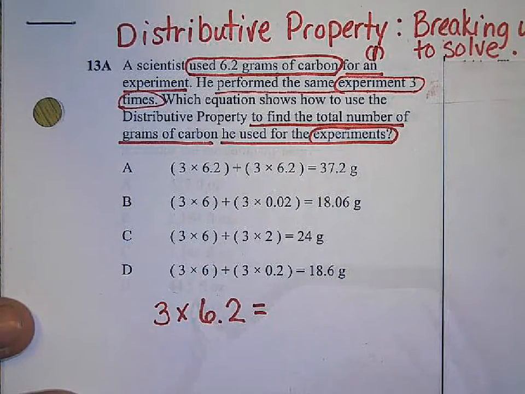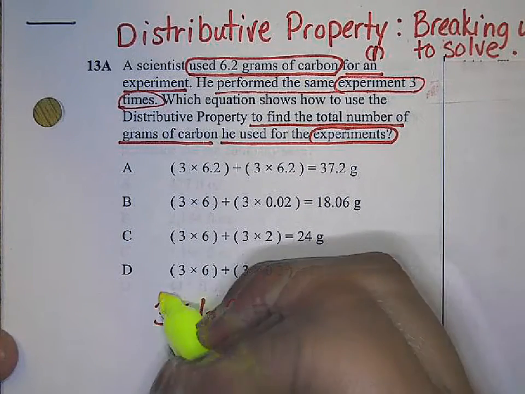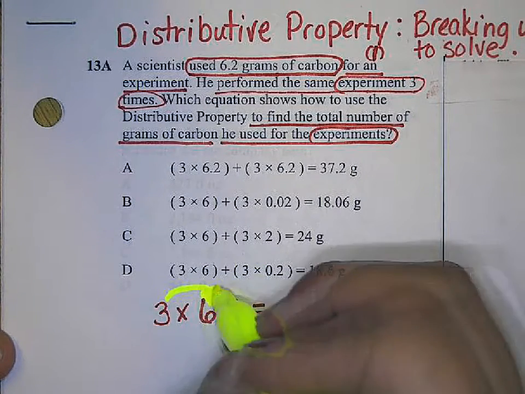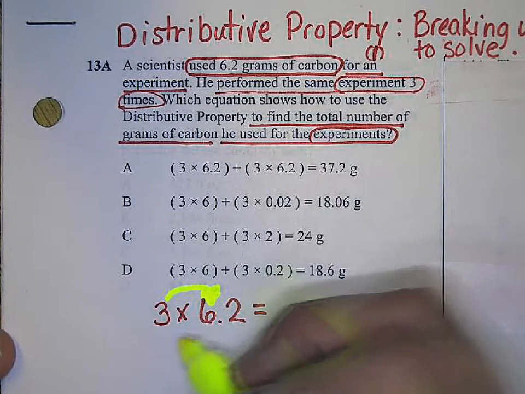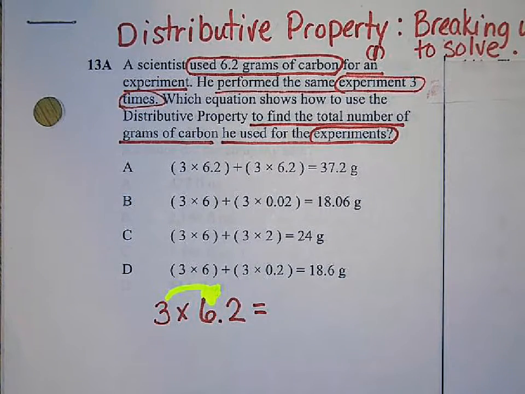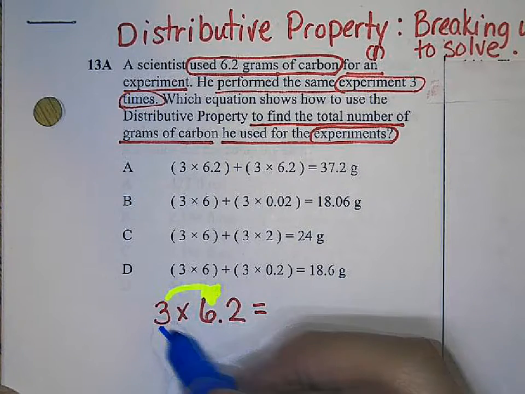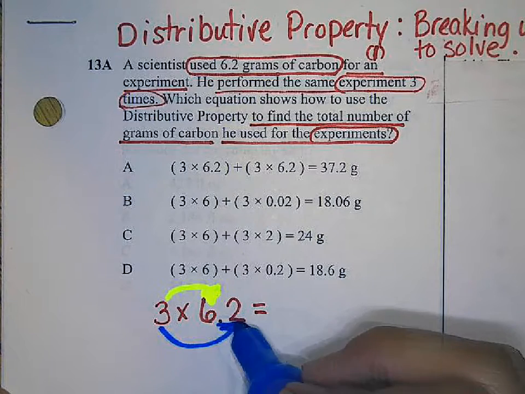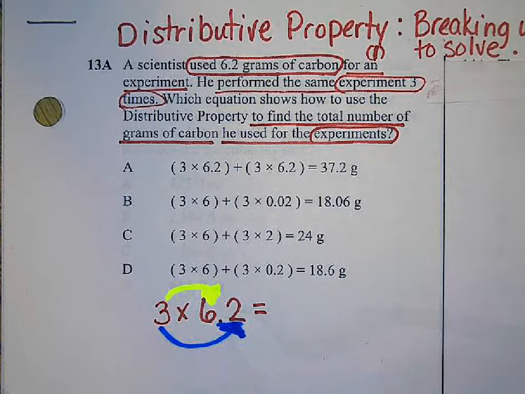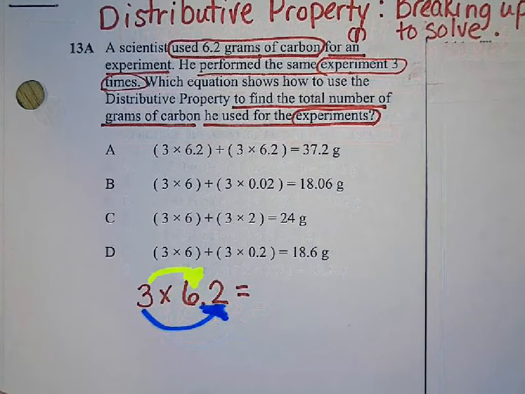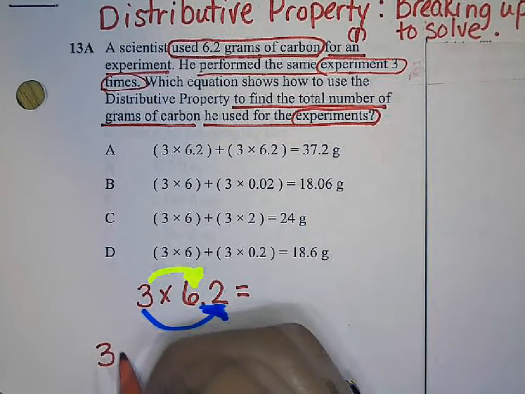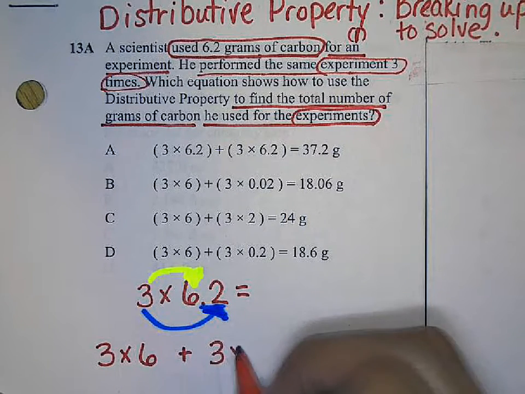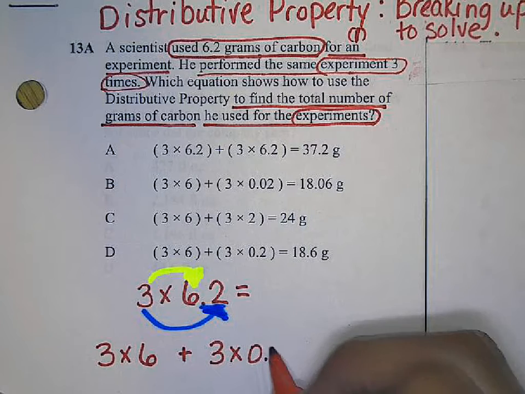In this case, I'm going to take my 3 times 6 and then I'm going to take 3 times 0.2, not just a 2, because that is not just a 2, is it? No. So this says what I'm going to do is 3 times 6 plus 3 times 0.2.